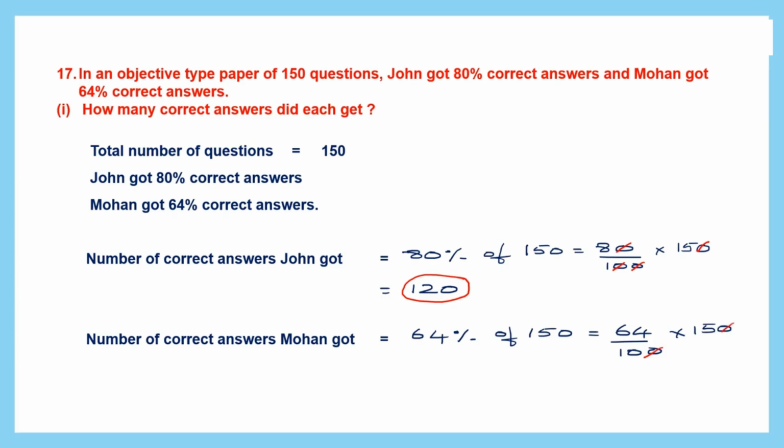I can cancel by 5. 5 2s are 10, 5 3s are 15. Now I can cancel 64 and 2. 2 1s are 2, 2 into 32 is 64. Now I have to multiply 32 into 3. 3 2s are 6, 3 3s are 9. So that is 96. So Mohan got 96 correct answers.